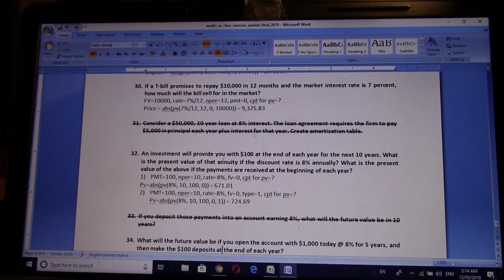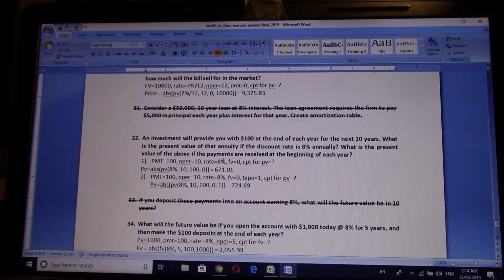31 is deleted. Let's do 32. Okay, an investment will pay you $100 at the end of each year for the next 10 years. What is the present value of the annuity if the discount rate is 8%? What about the present value of the above payment received at the beginning of each year?